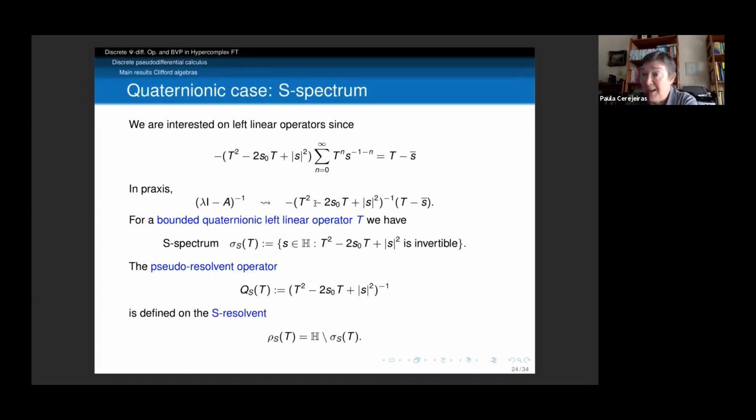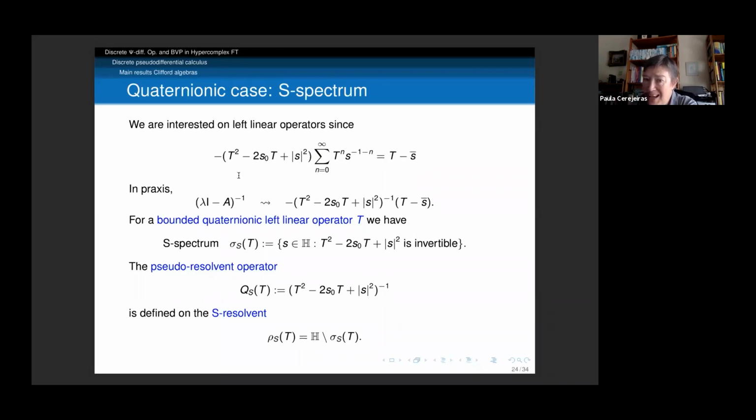So based on an idea of Sabadini and Colombo, there was a construction of the S-spectrum, based on the Poisson kernel for the quaternionic case, since they observed that multiplying this element, which is linked to the Poisson kernel, by this series here, which is an easy to control series, gives you simply T minus S-bar.